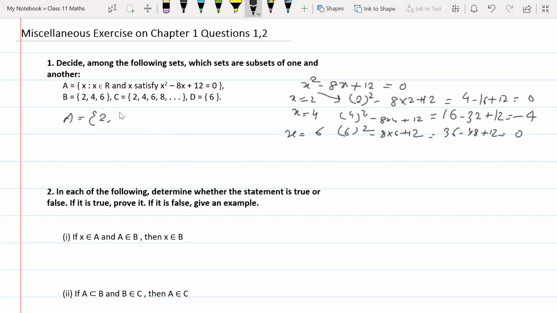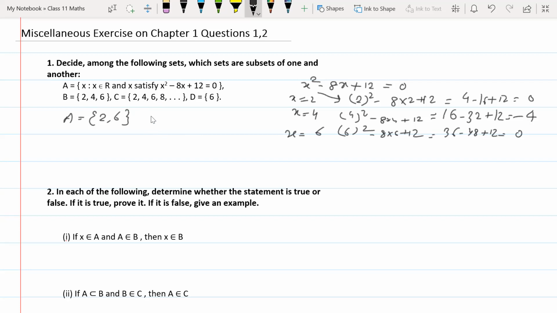We can say that 6 satisfies. If we try it for 8, 8 8 is 64, 64 minus 64 plus 12, and so on. So x satisfies this equation if the value of x is 2 and 6.